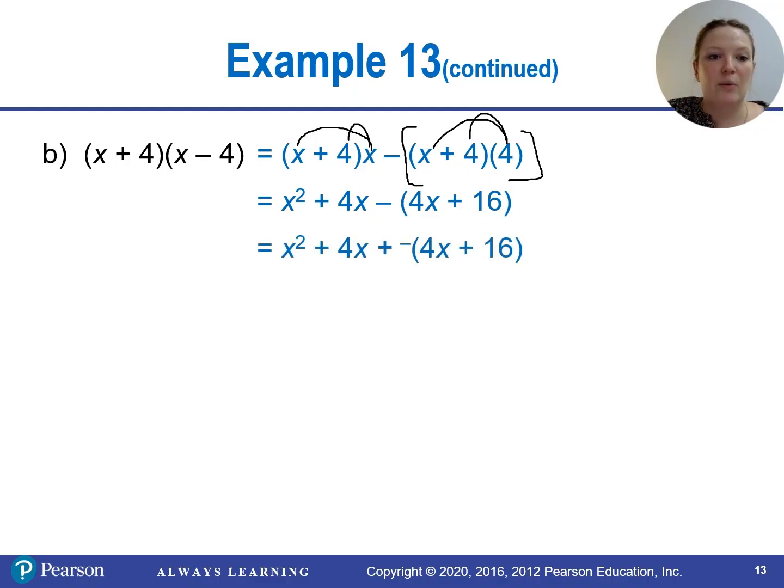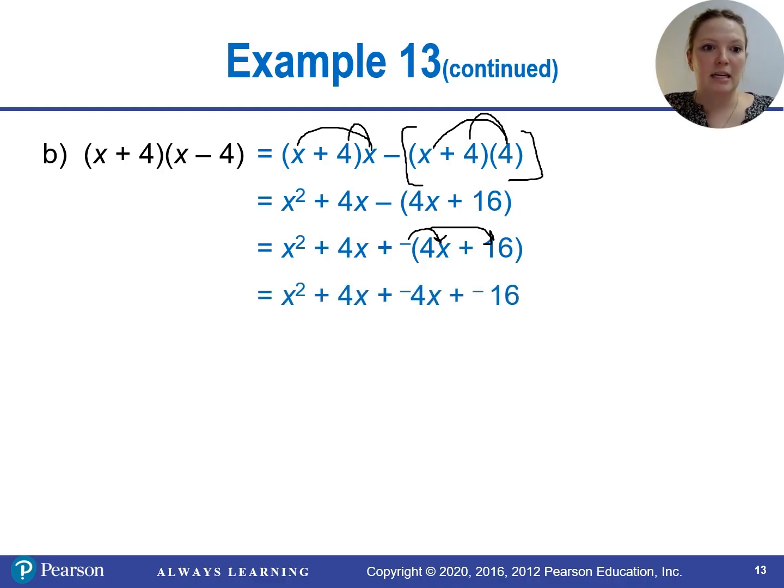Then finally, we can think about how subtracting is the same thing as adding the negation of that expression, and then we can distribute the negation across the addition. So if we distribute a negative to 4x and a negative to 16, we result in x squared plus 4x plus negative 4x plus negative 16.